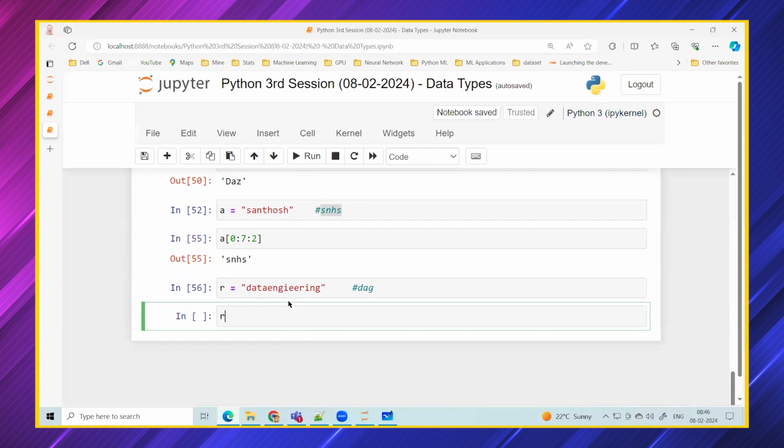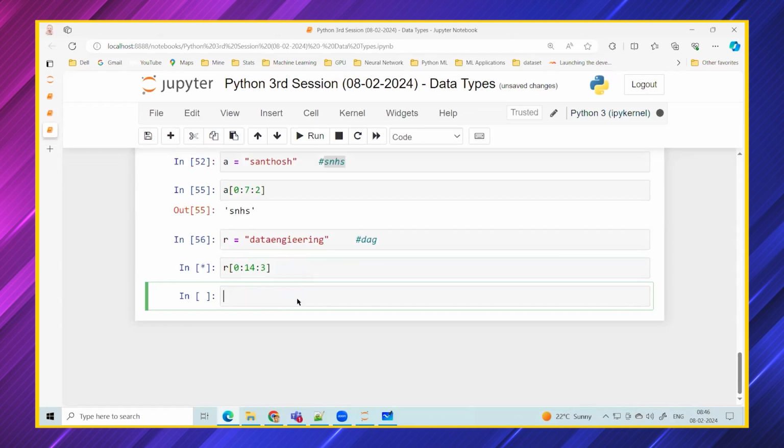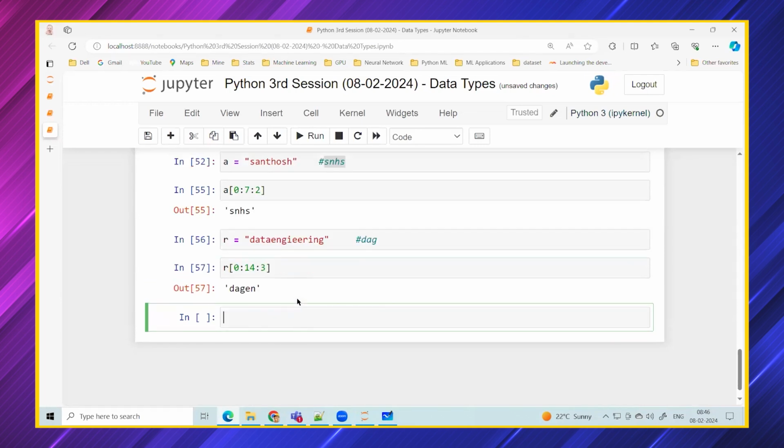Students are giving answers: 0 colon 14 colon 3, 0 colon 8 colon 3, 0 colon 7 colon 3, and so on. Wrong answer, again. Who said 0 colon 14 colon 3?